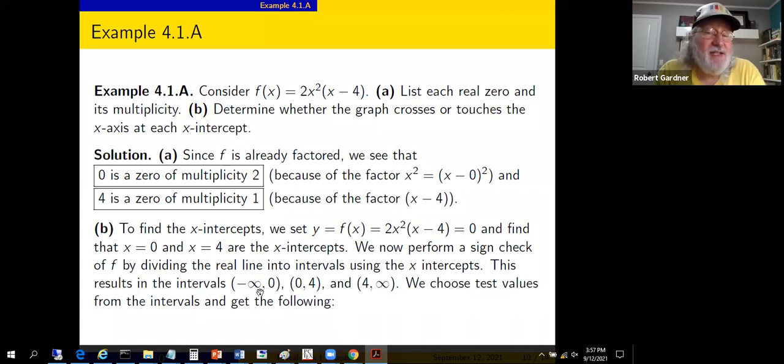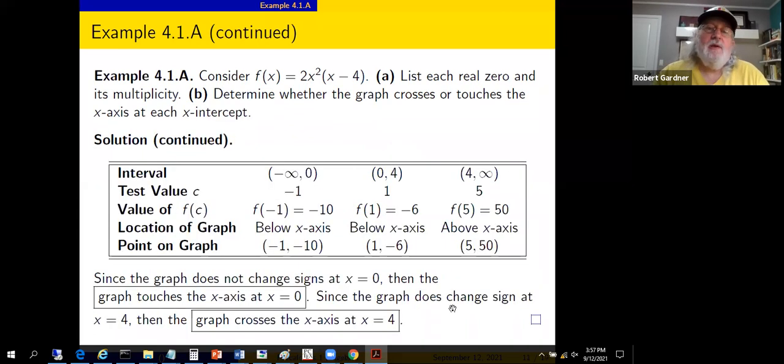If the function is negative at that number, then the function is negative throughout this interval because it has the same sign at all points of this interval, and similarly for the other intervals. So the plan is, look at the interval, take a test value, plug that test value into the function, and look at the sign of that value. And that tells you above or below the x-axis.